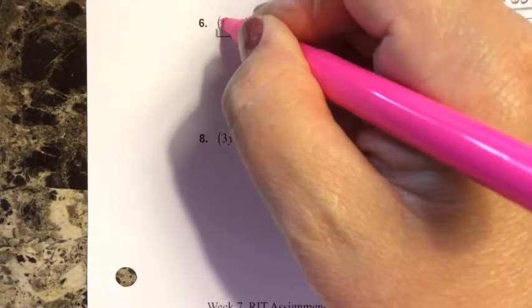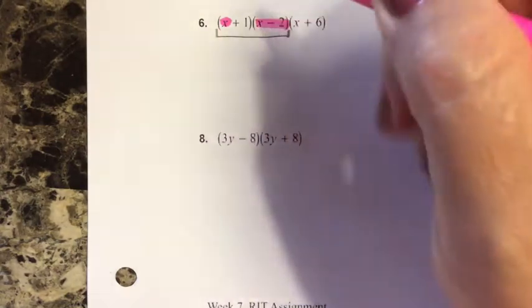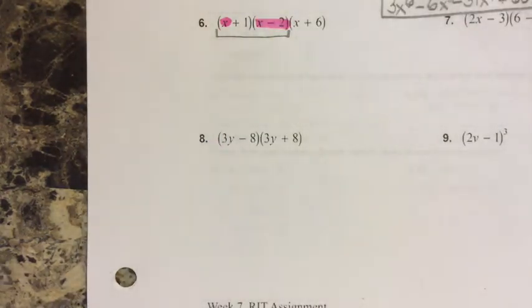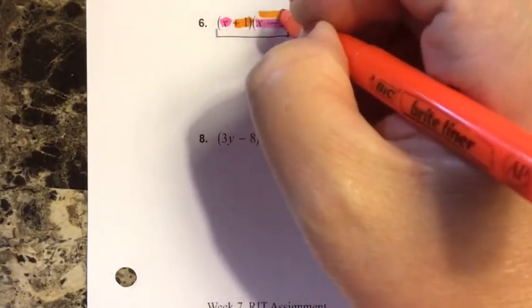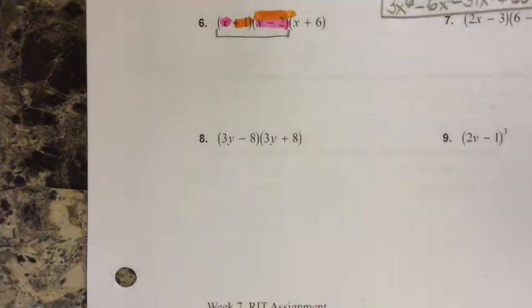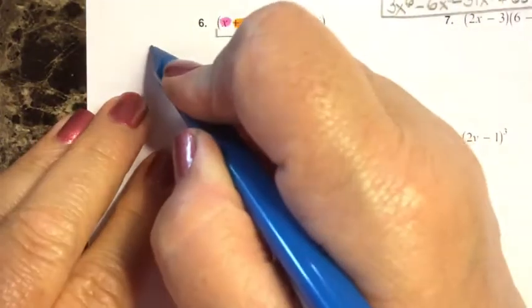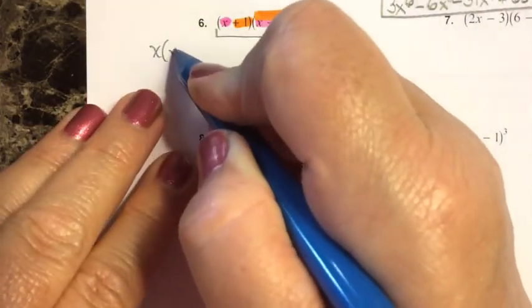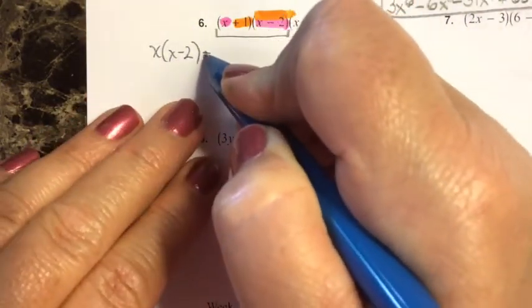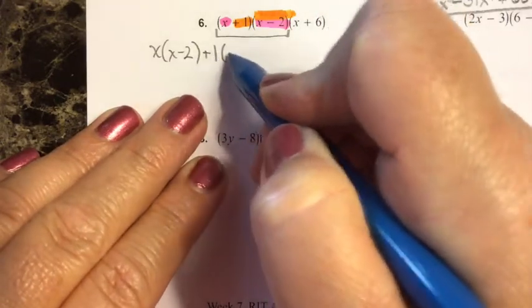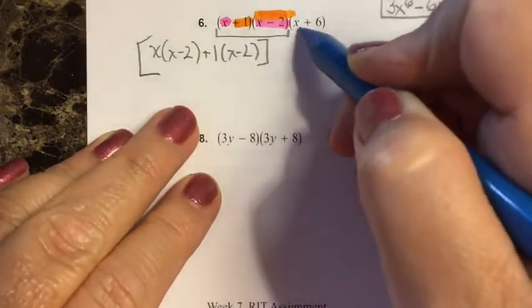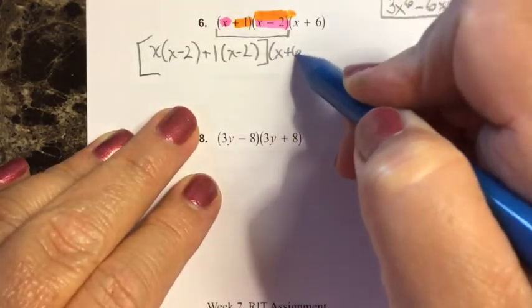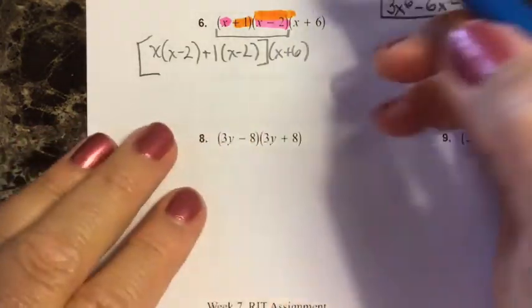We're going to multiply x with x minus 2, and then multiply positive 1 with x minus 2. So x times x minus 2 and positive 1 times x minus 2. I'll put that in brackets just to separate that and x plus 6. We'll keep this x plus 6 to use in just a moment.